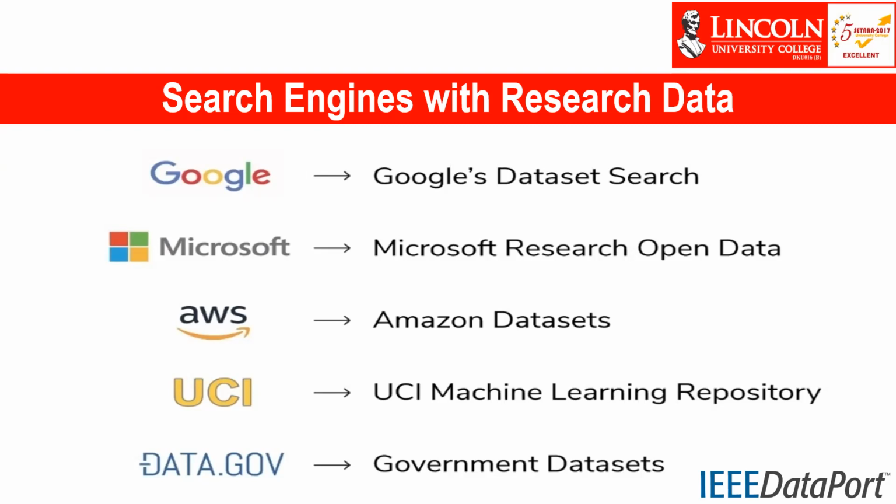Some of them even pay you for uploading your data set on their platform, depending on how sensitive the data set is and how useful it is. But in any case, all these platforms provide you with all sorts of data sets.